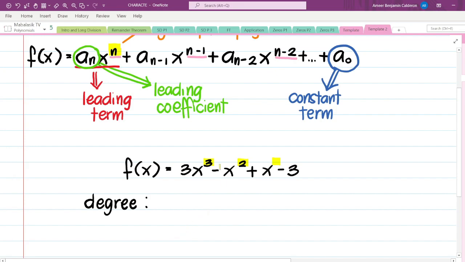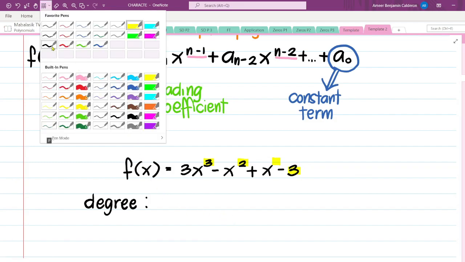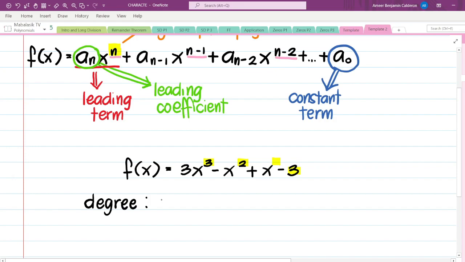Obviously, it is in standard form because we started with an exponent 3, and then an exponent 2, and then an exponent 1, and then we have our constant term here. So the very first exponent is our degree. Or if the function is not in standard form, then just look for the largest exponent, and that is the degree of the polynomial. The leading term is the very first term when the polynomial is in standard form.